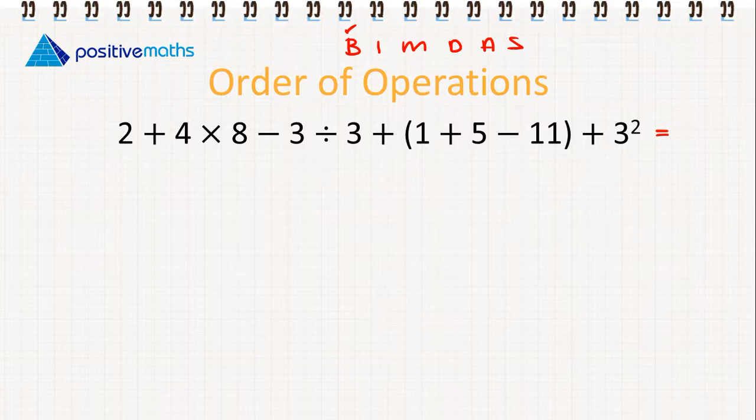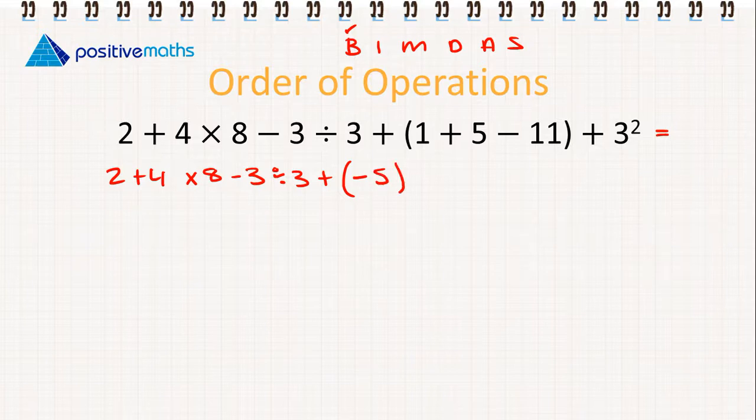So we're going to work with whatever is inside the brackets first. I'm going to rewrite out every other term. Now we're going to do what's inside the brackets. So 1 plus 5 will give us 6. 6 minus 11 will give us minus 5. Plus 3 squared. So we've done what's inside the brackets first.